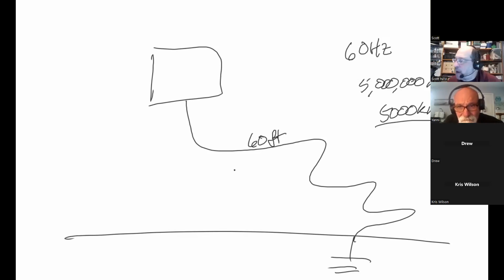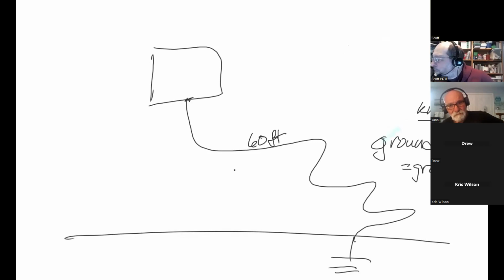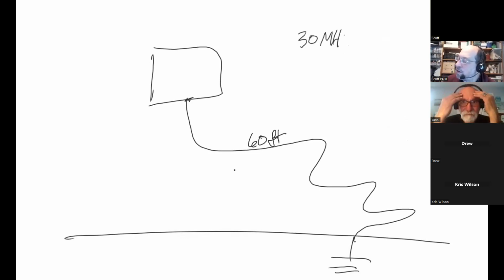So basically, for power, ground is ground. But now here's the other question. Let's pick an RF frequency. Let's say we're dealing with 30 megahertz. Wavelength is 10 meters.